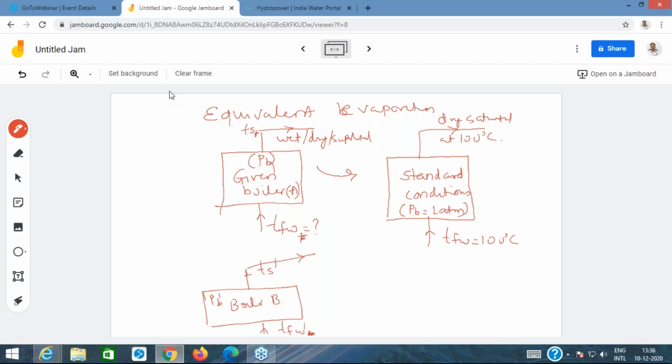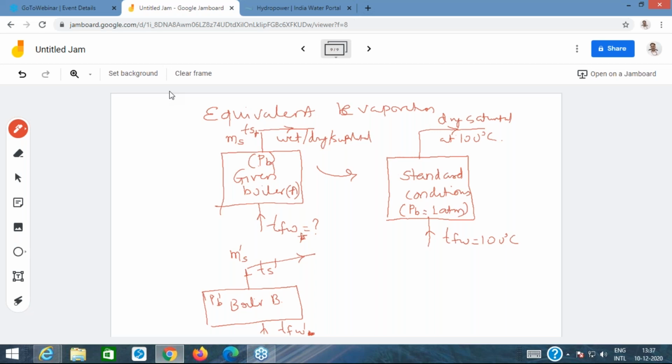So if I want to compare boiler A with boiler B, this boiler is generating steam at the rate ms, and this boiler is generating steam at the rate ms dash.